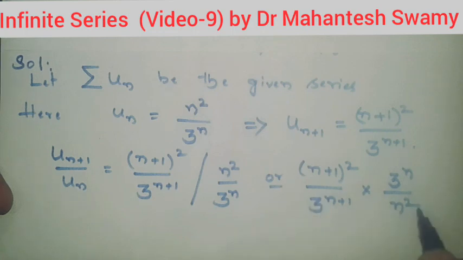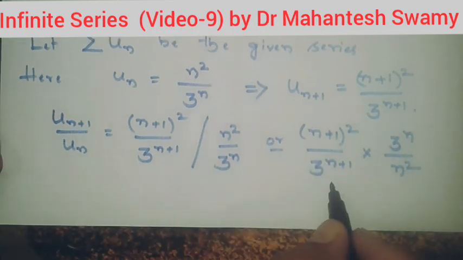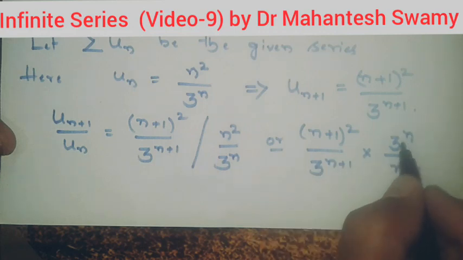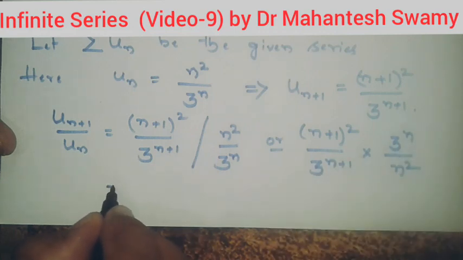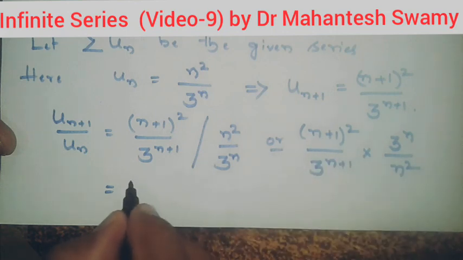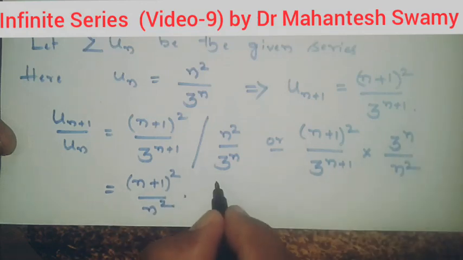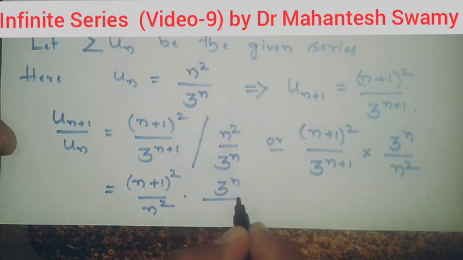Now we have to simplify the terms. So how to simplify the terms? Take similar terms on one side. So this is equal to, first, n plus 1 whole square divided by n square. These type of terms we have grouped, and 3 to the power n divided by 3 to the power n plus 1 can be written as 3 to the power n into 3.